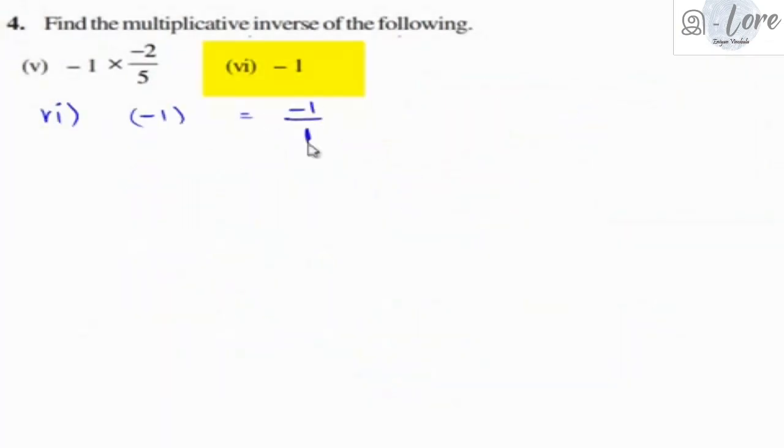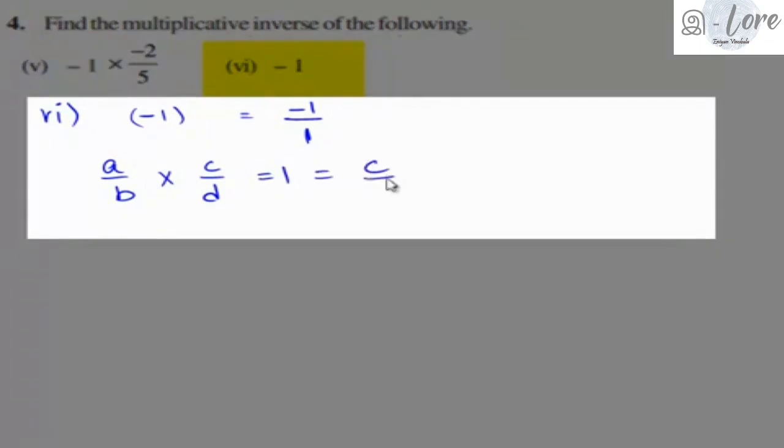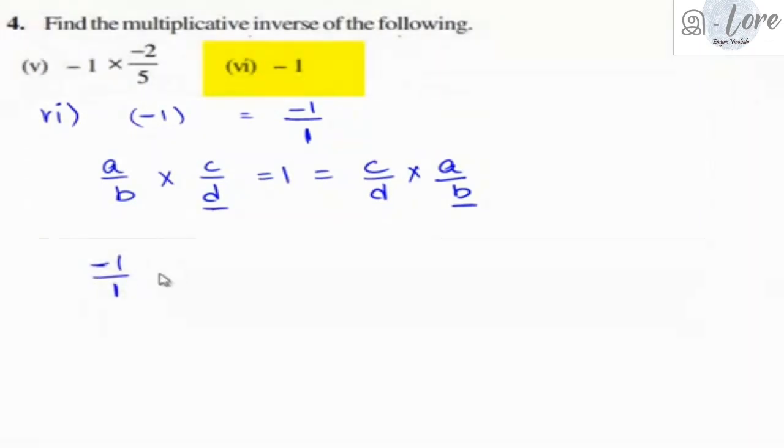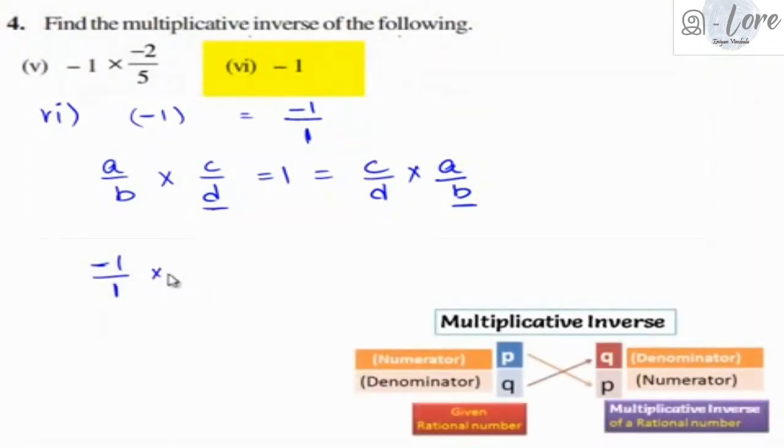Minus 1 can be written as minus 1 by 1. For every non-zero rational number a by b, there exists another rational number c by d such that a by b into c by d is equal to 1, which is equal to c by d into a by b. C by d is the multiplicative inverse of a by b. Similarly, a by b is the multiplicative inverse of c by d. Now we come to the question minus 1 by 1.